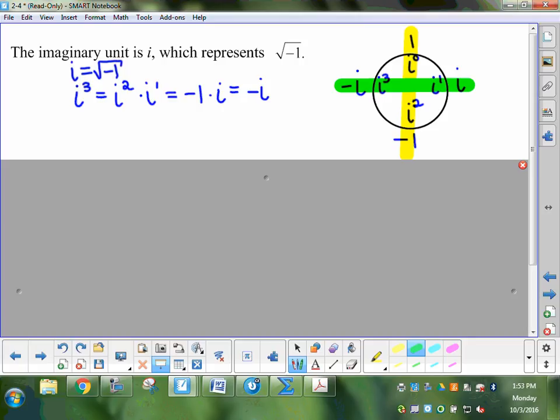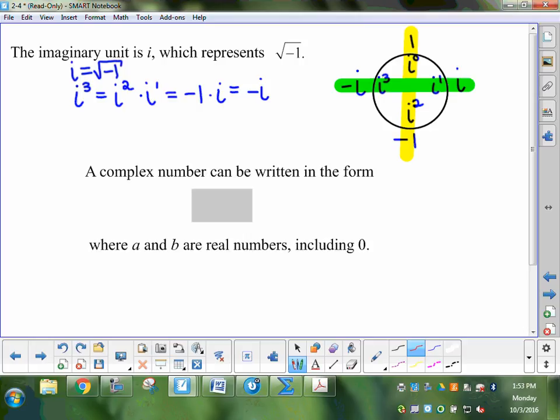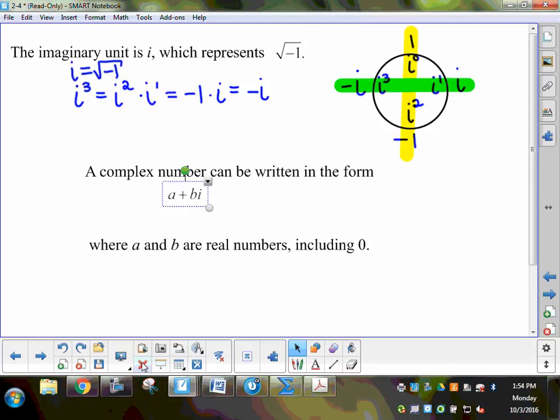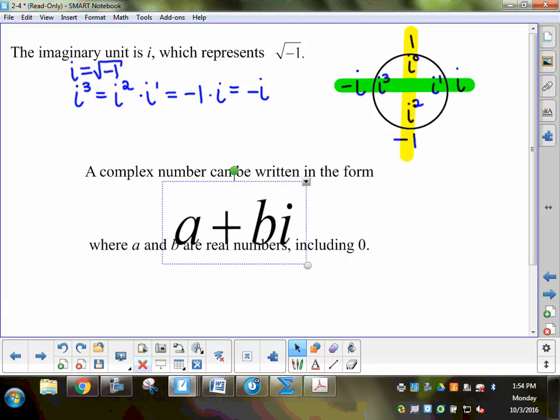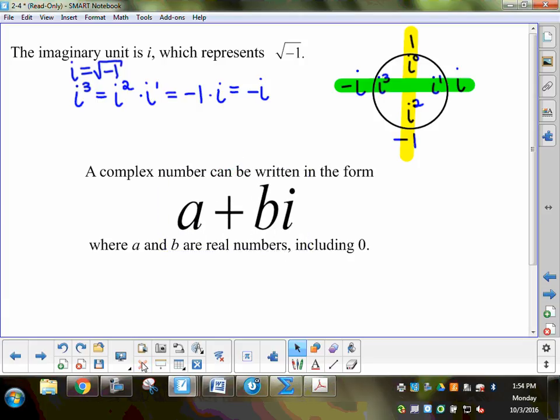Understand, please, that every number that you've done so far technically is written in this imaginary unit form, or a plus bi form. The a is the real number, and the bi is the imaginary component.